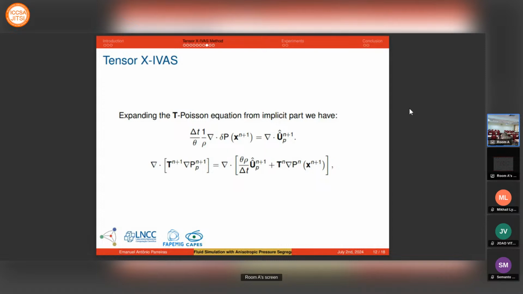The viscosity step we don't discretize. So we only solve like an Euler equation without the viscosity. In this step we calculate delta P using the gradient of p^(n+1) and the gradient of p^n.